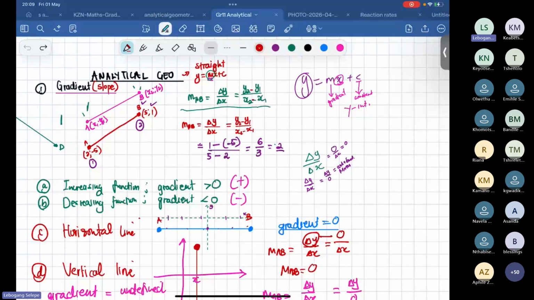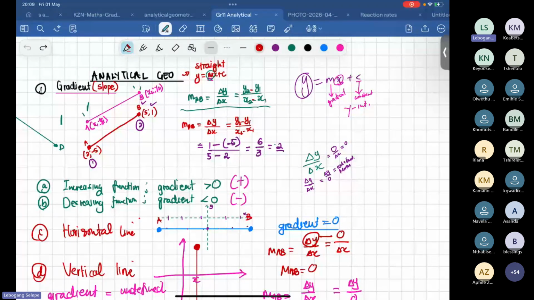And we know that the equation of a straight line is given by y equals mx plus c, where y obviously is the y value, m represents the gradient of that particular line. Some people call it the slope, and then the x represents the x value within the particular line, and then the c is a constant, it represents the y-intercept.